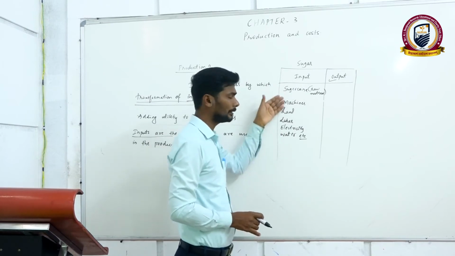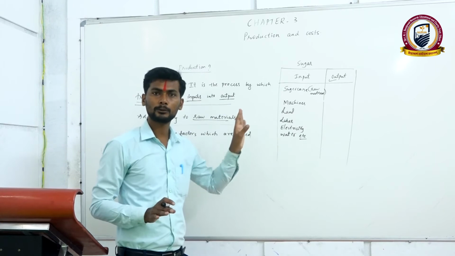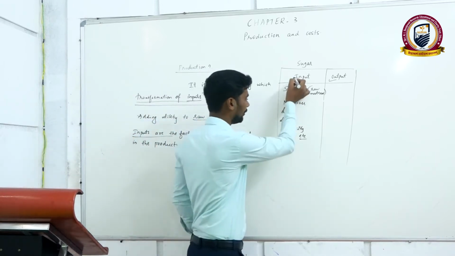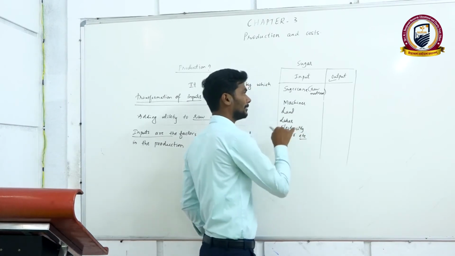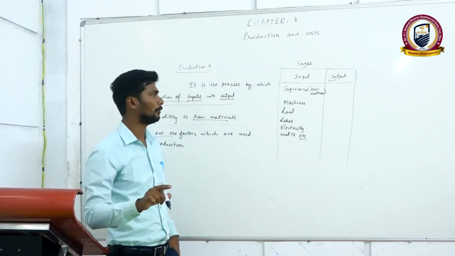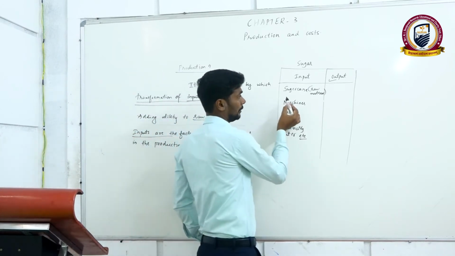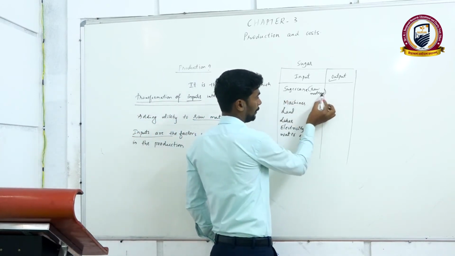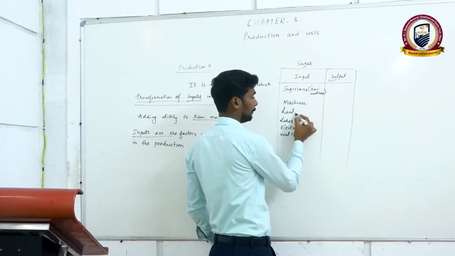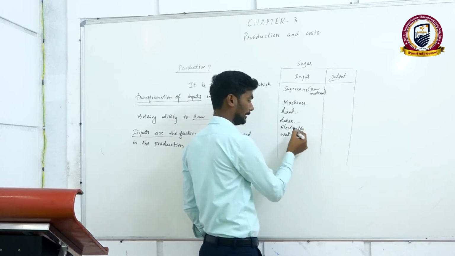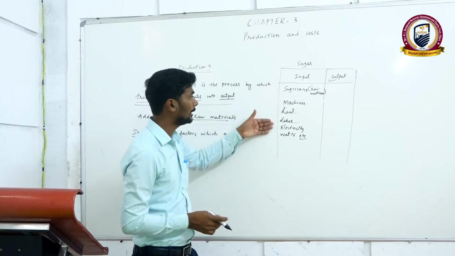Without any one of these factors, I cannot produce output sugar. So these are all called inputs, and these factors are required in the production of any particular good. To produce a particular good, we have to have raw materials, machines, land, labor, electricity, water, and so on. So these are all called inputs.